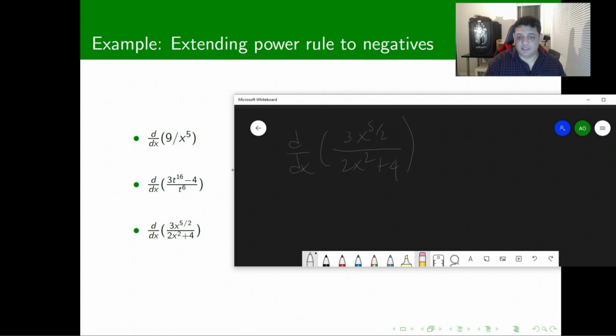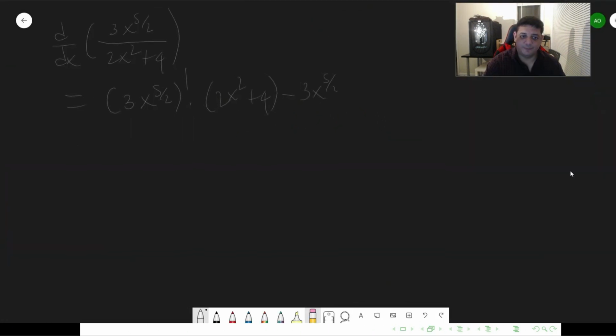So unfortunately, I can't really split the denominator, and I have to use the derivative of the quotient. So that is the derivative of this without taking the derivative of this one, minus this one and the derivative of the second one, over this squared.